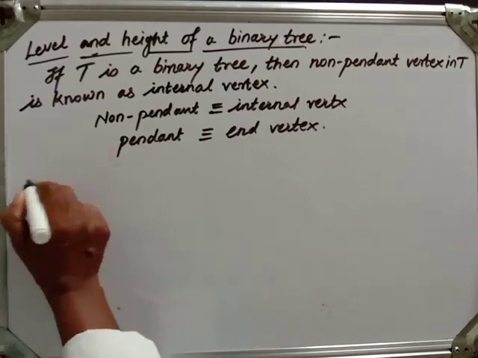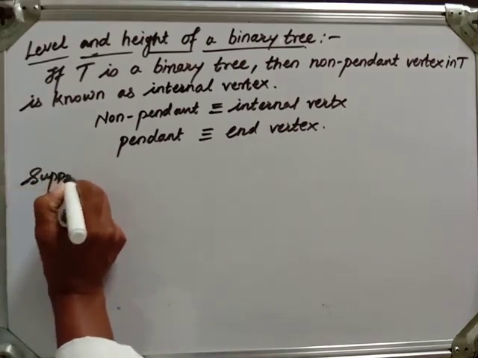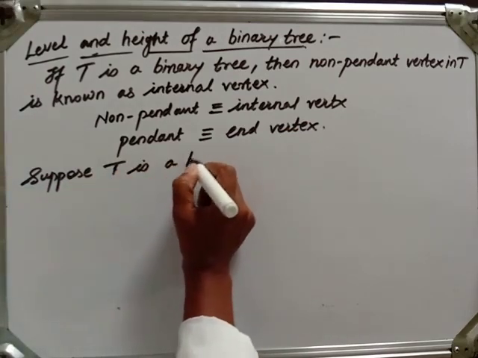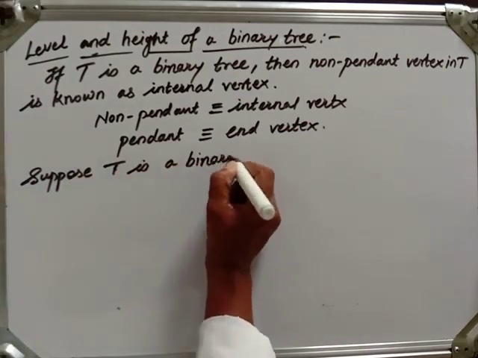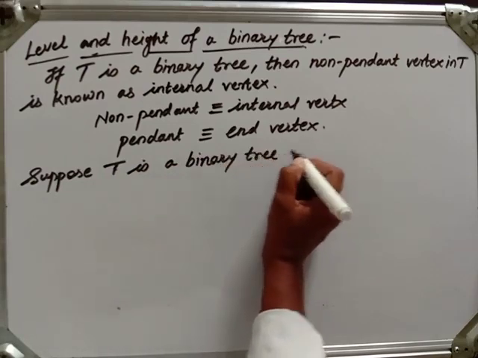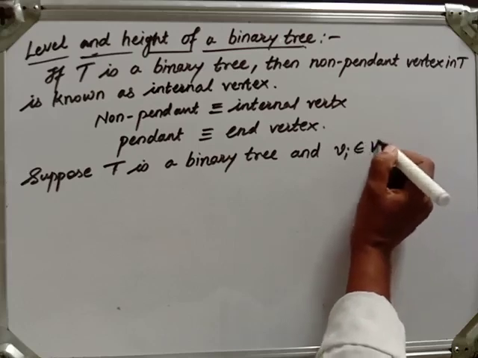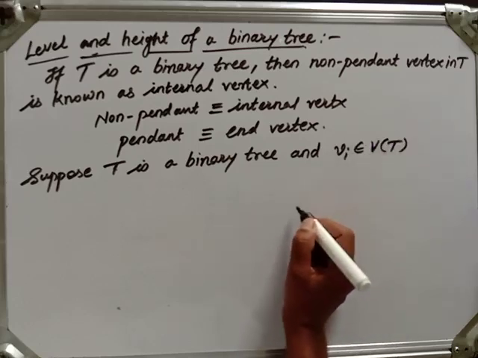Now suppose T is a binary tree, and any vertex belongs to the vertex set of the tree.